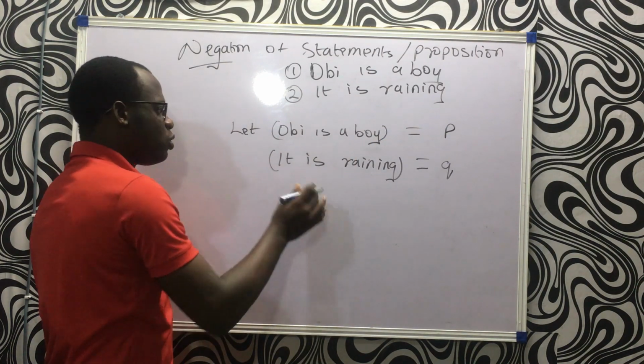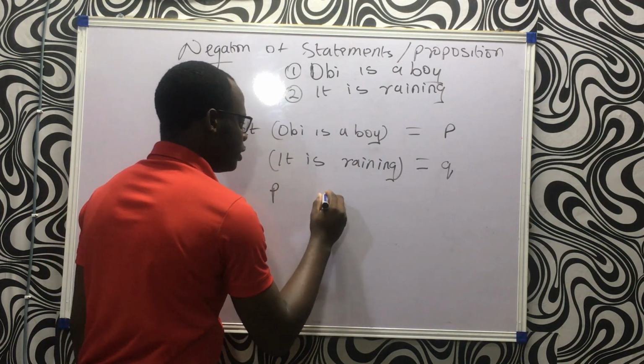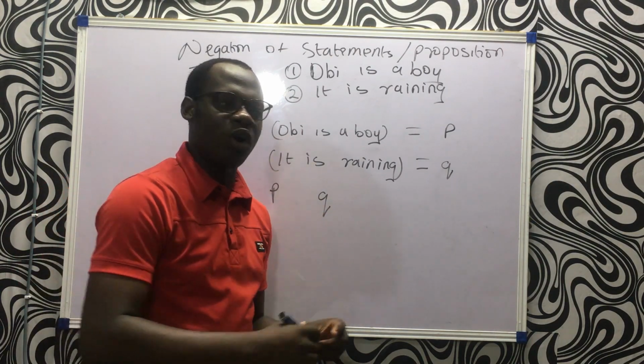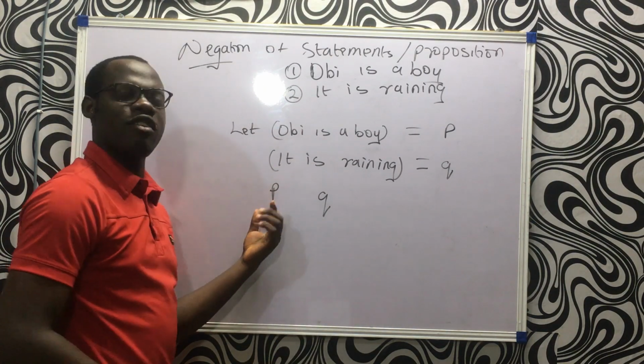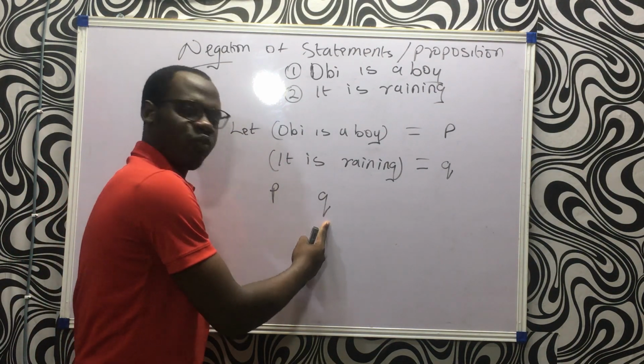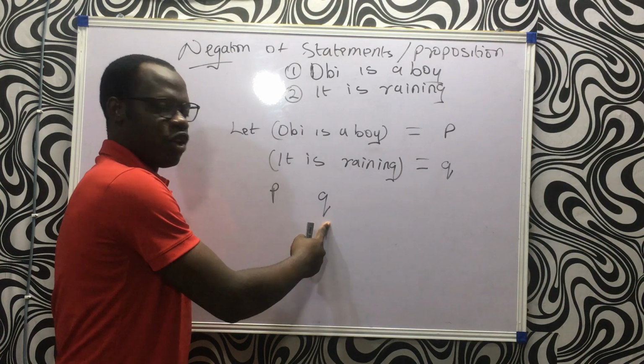So we can now make use of P and Q. In the solution, whenever you have P, it means Obi is a boy, and whenever you have Q, it means it is raining.